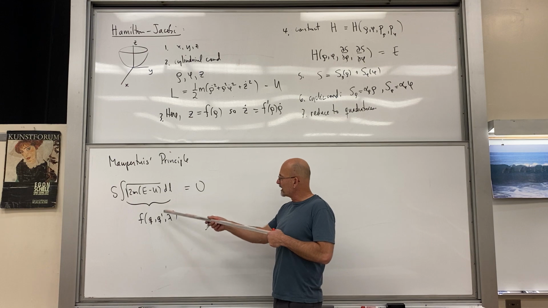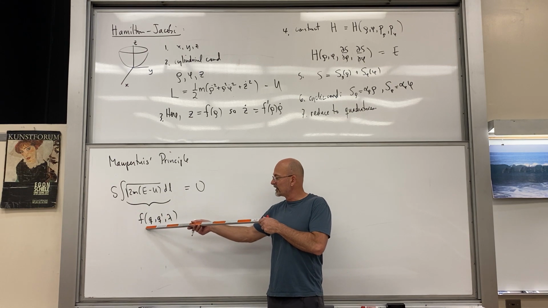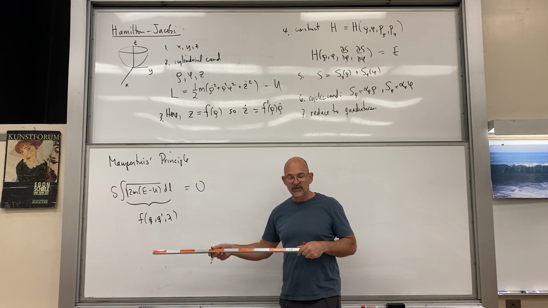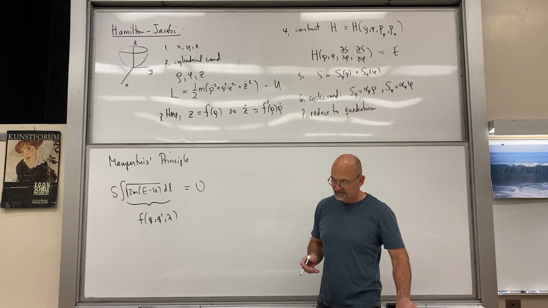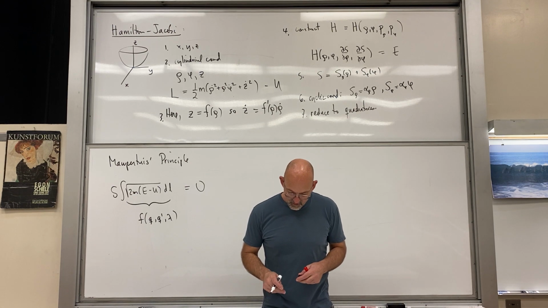But since you have the variational principle, you just get the Euler-Lagrange equations from this, or the Euler's second form for this, and then also reduce it to a quadrature. Should I say more about that one?